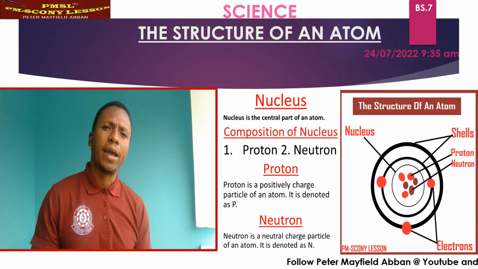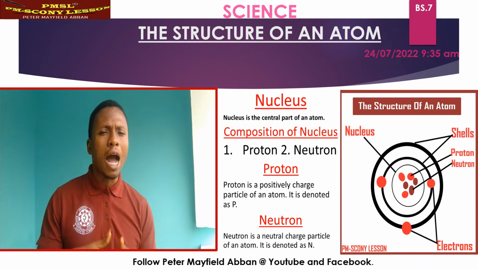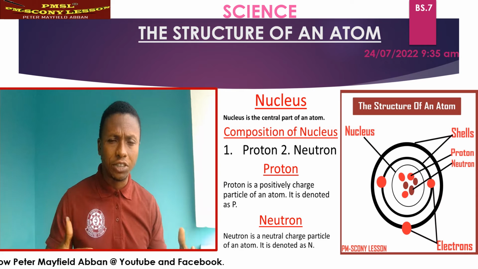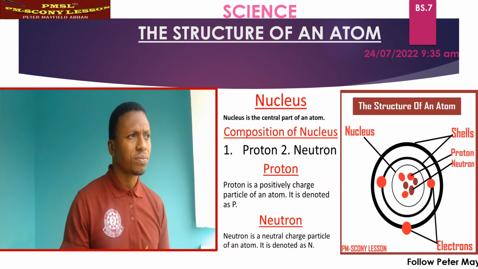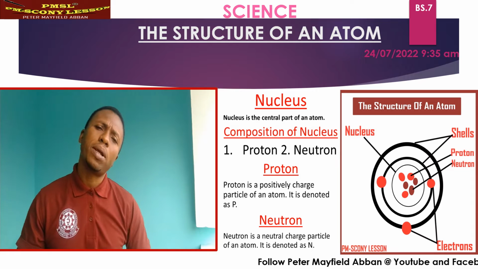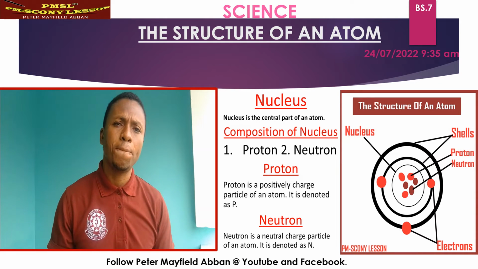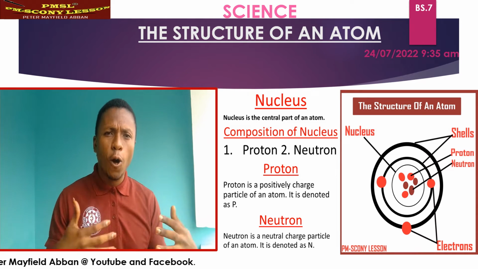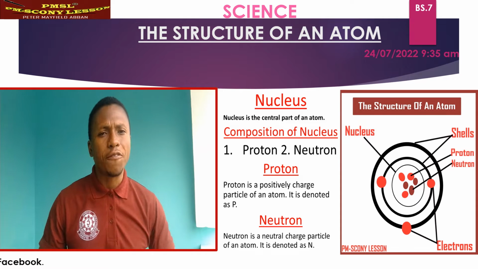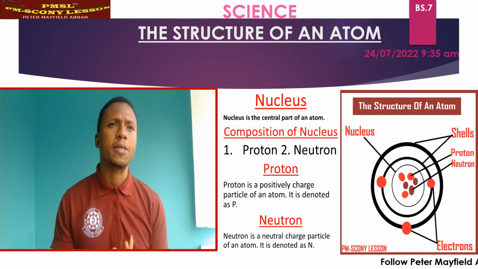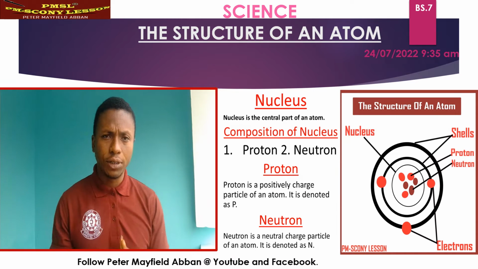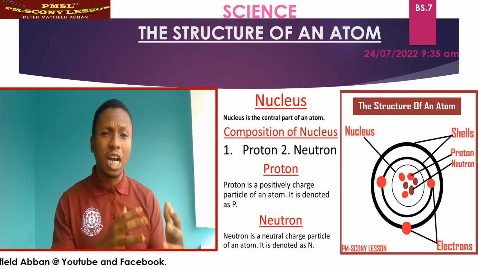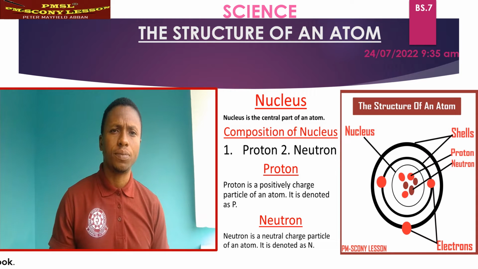Therefore, I can say that atoms are electrically neutral. There is another subatomic particle that is not found in the center or nucleus, but is found around the nucleus, which is the electron. So what is an electron? An electron is a negatively charged particle of an atom.